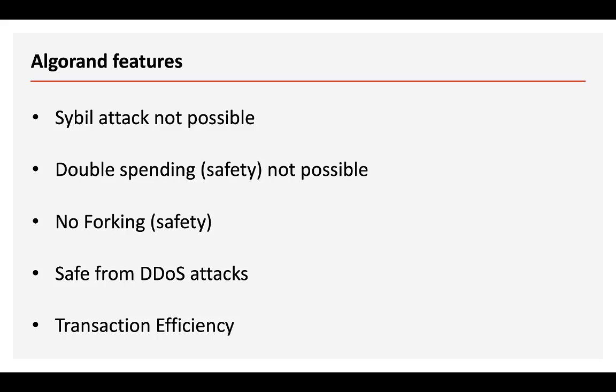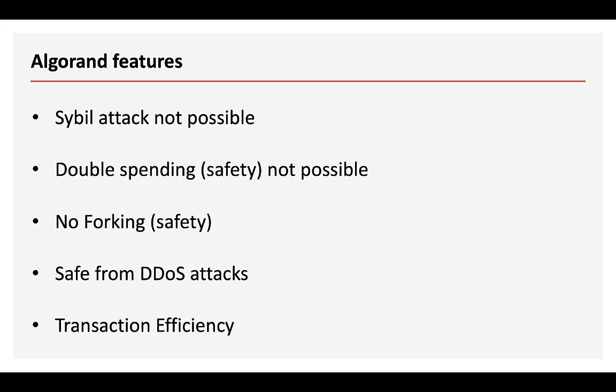Anybody who solves a puzzle may create its own block, and then they get percolated in the system at different speeds, and there may be temporary forks, and then the forks have to join together depending on the highest length chain to which people connect their next block, etc. Here there is no forking, and since there is no forking, double spending is not happening, because there is always a single chain that is being created.